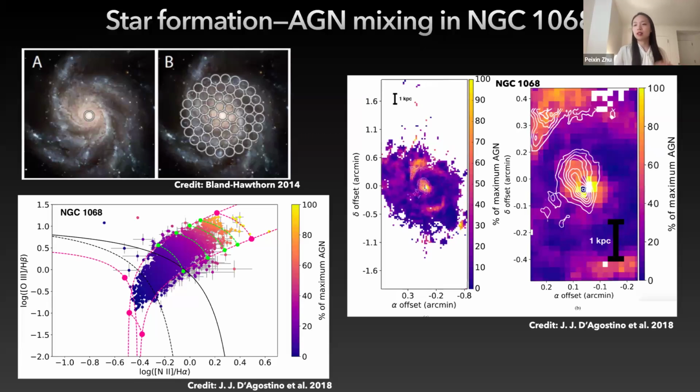There are some regions that are star formation dominated, and there are also some other regions that are AGN dominated, close to this actively accreting black hole. That's why they show a spectrum that looks like an AGN dominated spectrum. And on the right, I'm showing how the distribution looks when we plot all these spectra back onto the galaxy image.